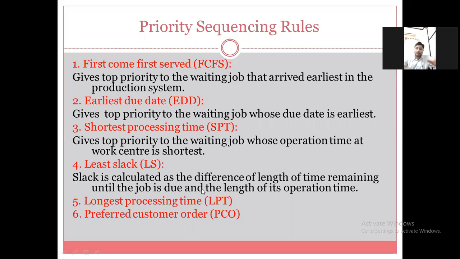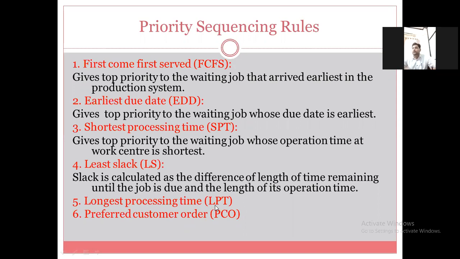The difference between those two things will be considered as the slack. If the jobs have the least slack, such jobs will be provided the highest priority. Then the next priority sequencing criterion is longest processing time, LPT.